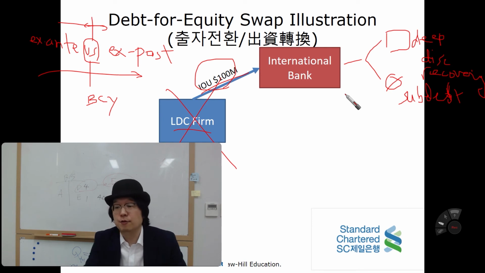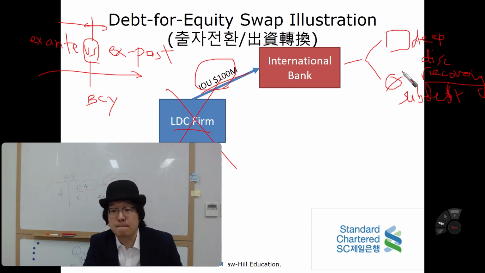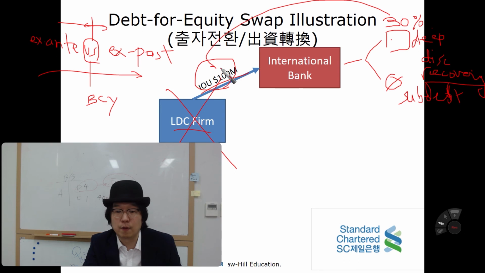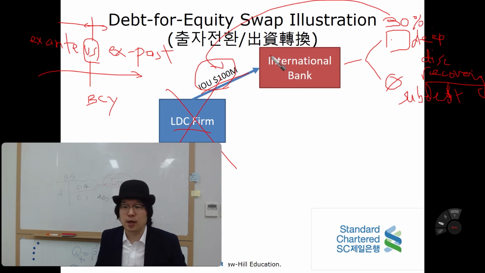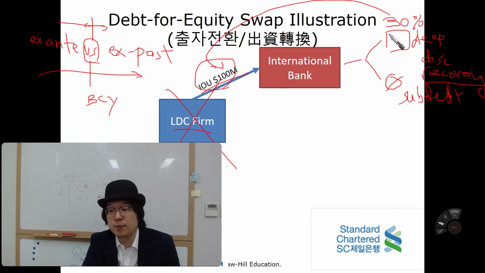In industry they say the recovery rate is usually 30 to 40% of your principal amount. Or part of it. In this numerical example, it will be like 60% recovery. Let's see how it unfolds.